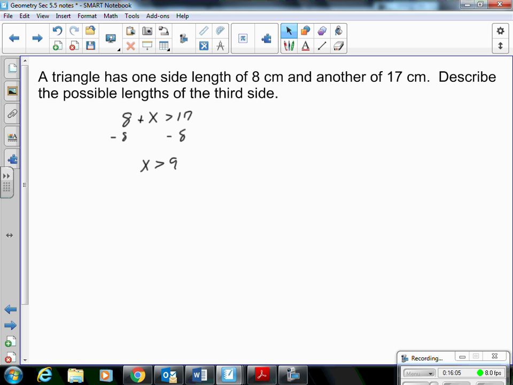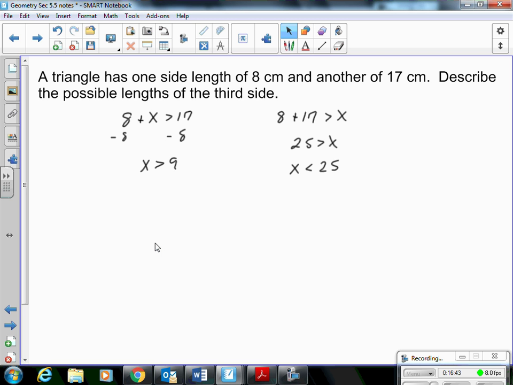And then on the other hand, 8 plus 17 is going to have to be greater than whatever the third side is, x. Which 8 plus 17 is 25. So 25 has to be greater than x, or if we flip that around so that the x is on the left side, I'm going to say that x is less than 25.